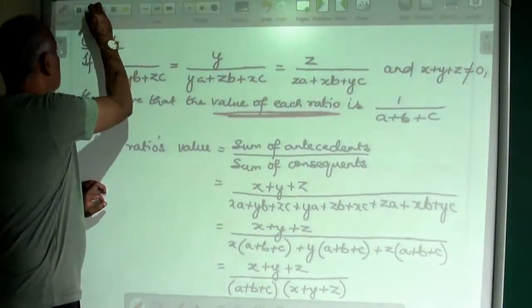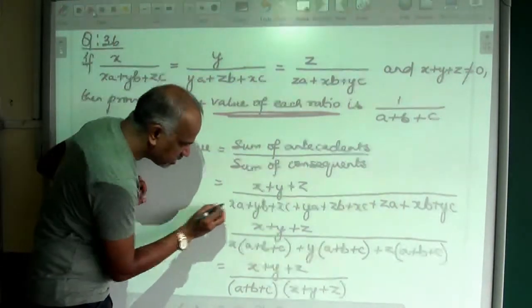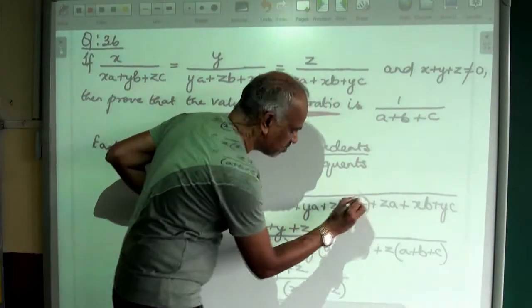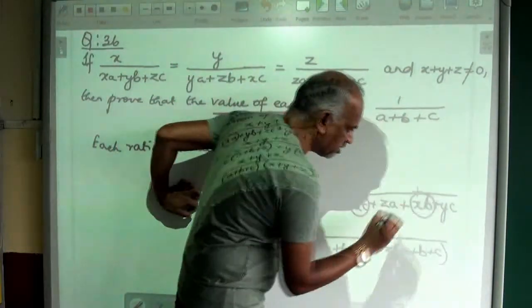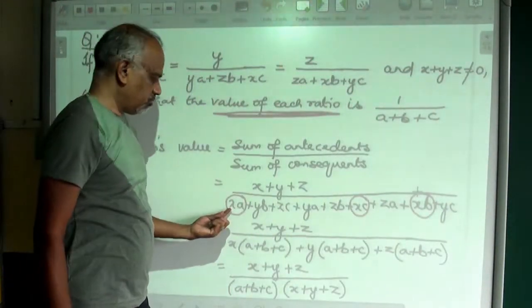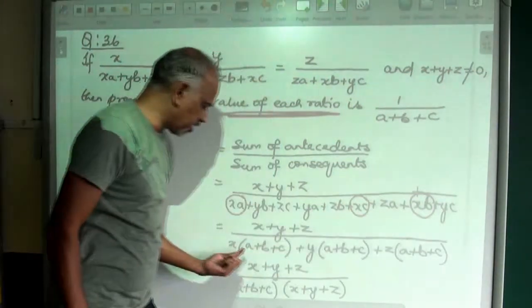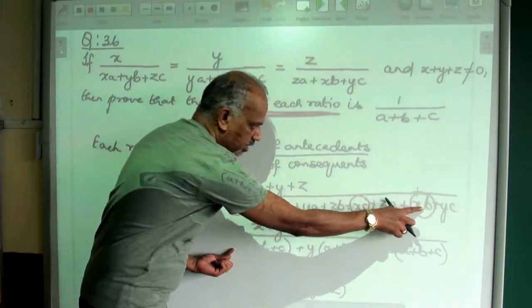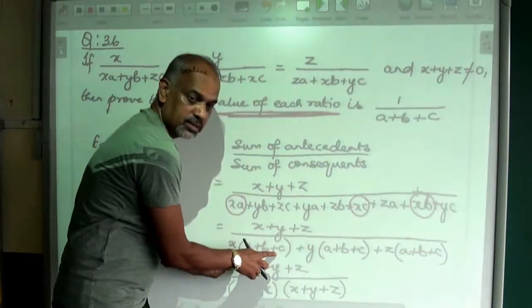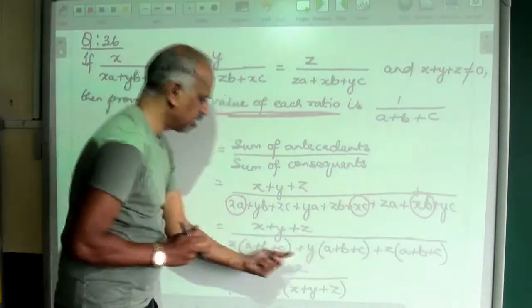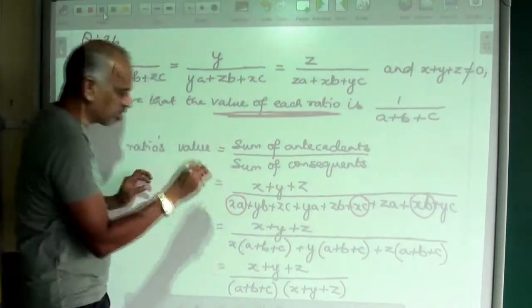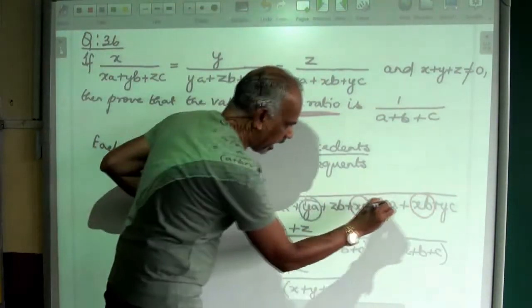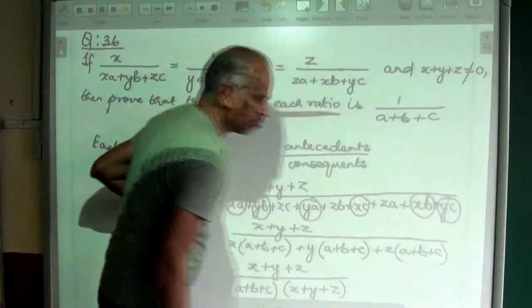Now to simplify this, x plus y plus z remains the same, divided by. Now look at these. This is an x term, this is an x term, and this is an x term. From these three, x becomes common. See what is left? A plus b plus c. Then plus, let's take the y terms now. That's a y term, this is a y term, and this is the third y term.